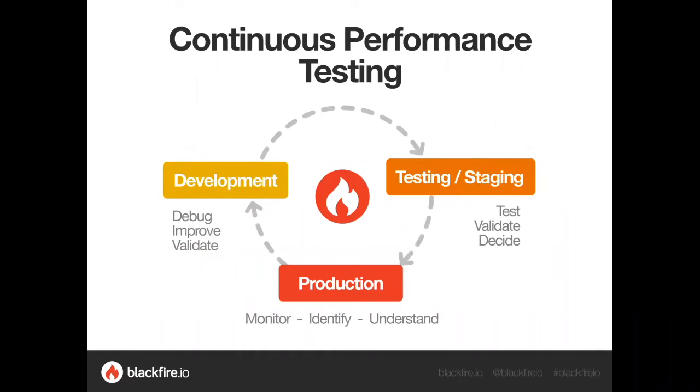We also like to think that Blackfyre should be used in all stages of development, starting with development. We can actually do debugging, improving, and validating code before your code is even pushed to testing or staging. But once it's in testing and staging, it can be checked again as well against the rest of the code that's being put into staging.